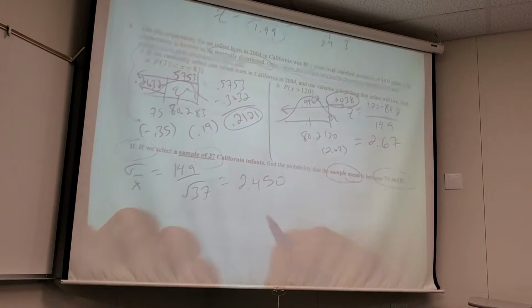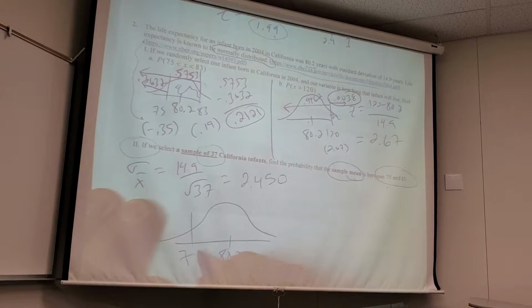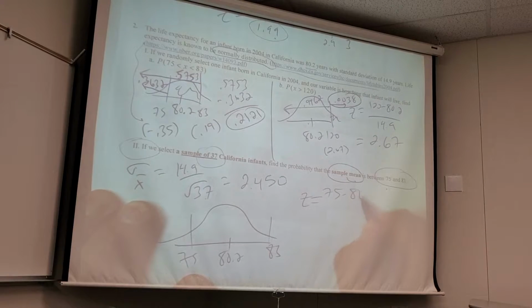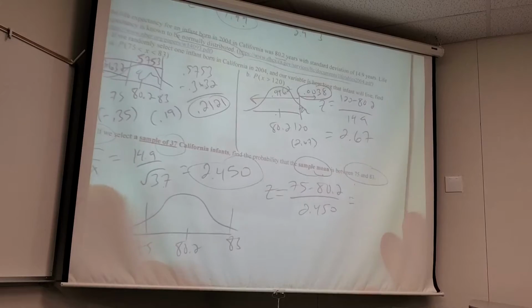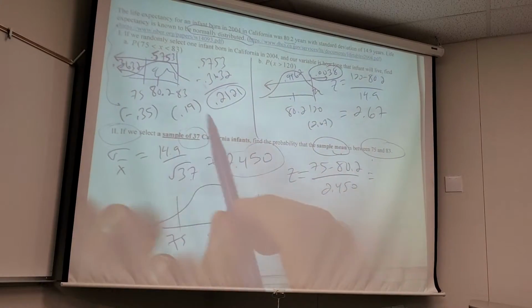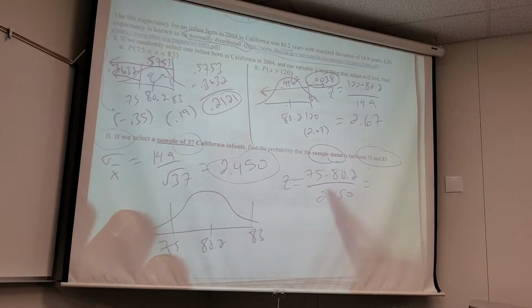So if I draw the picture, I've got my 80.2 there, I've got my 75, I've got my 83, and I've got to make z-scores out of those. But now I've got to use the correct spread. See how it's the exact same? I didn't write that formula down, I suck. But it would be the exact same formula, you just have a different number there.